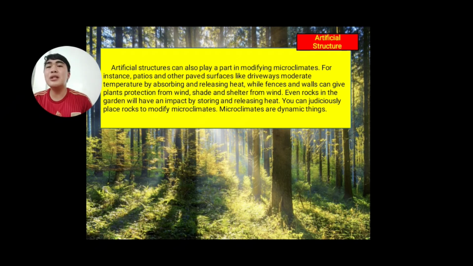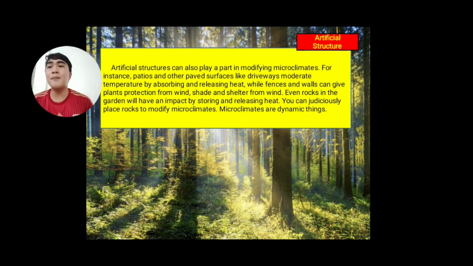So you can judiciously place rocks to modify microclimates. Microclimates are dynamic things. So in artificial structure, you can also put rocks, because rocks also modify microclimates by releasing heat.